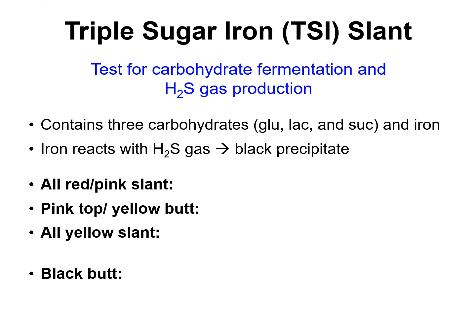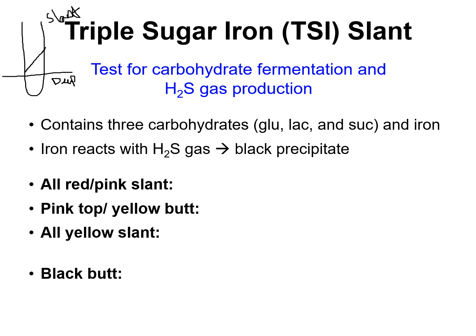Let me draw right here, just real quick. You remember we split the test tube into that top slant part. This is the slant right here, that's an end right there, and then this is the deep.